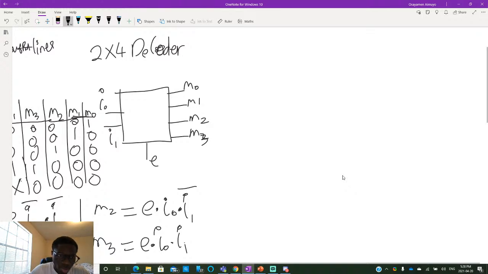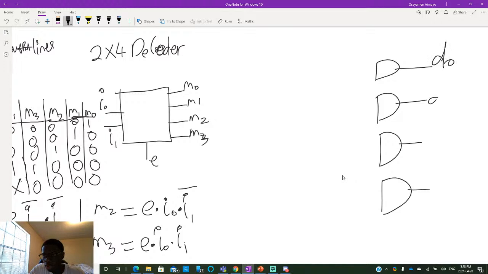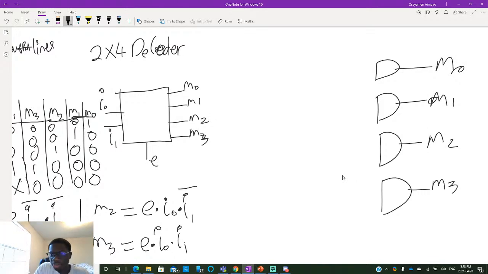And so the gate diagram would be something similar to this. So we have an AND plane and outputs 0, 1, 2, 3, or call it M0. And the enable runs through.